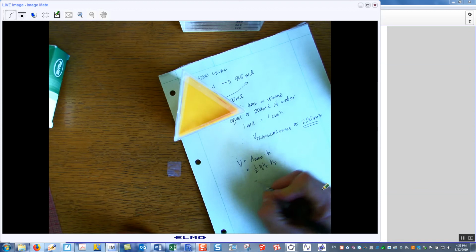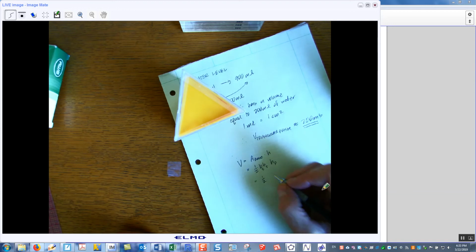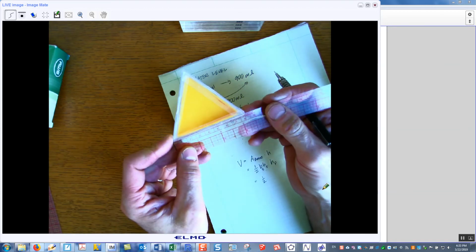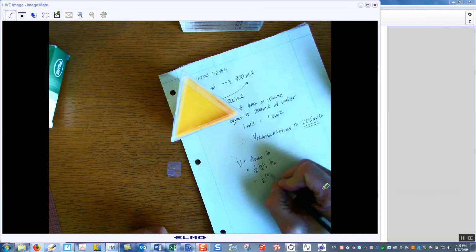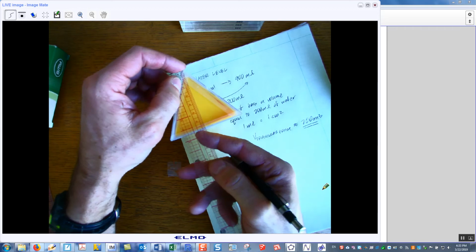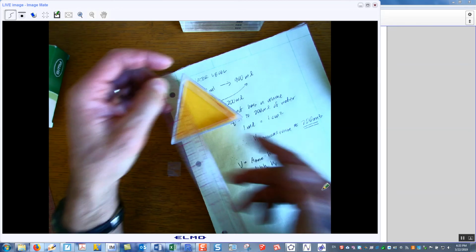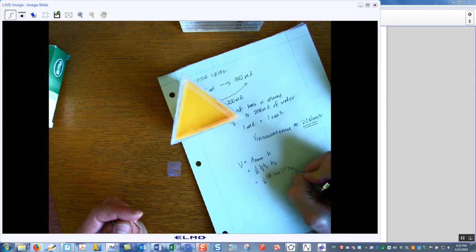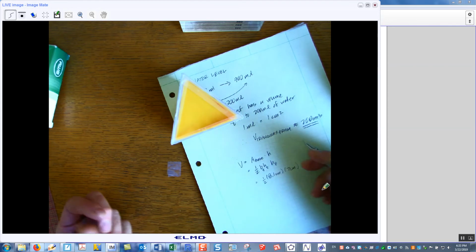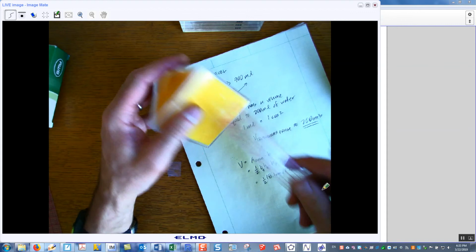Okay, so let's go ahead and figure this out. 1/2, we said the base of the base triangle is about 8.1 centimeters. The height of that triangle looks like it's about 7.0 centimeters, because I measured it to the nearest tenth.